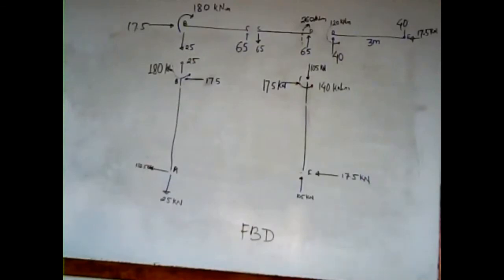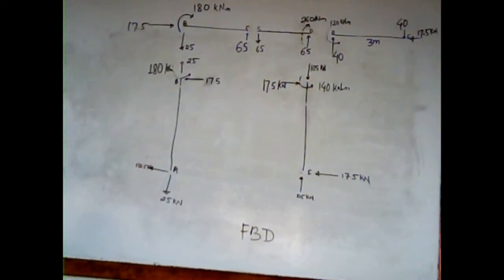So friends, we now need to balance all the forces and reactions in the given frame structure. We need to balance all the sections, like AB, BC, CD, DE and DF.